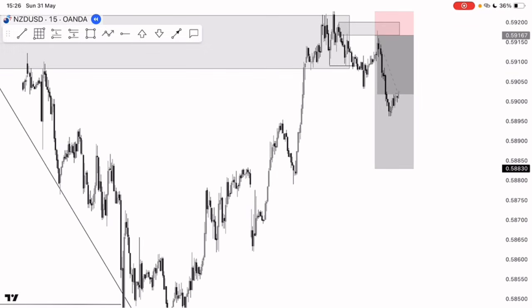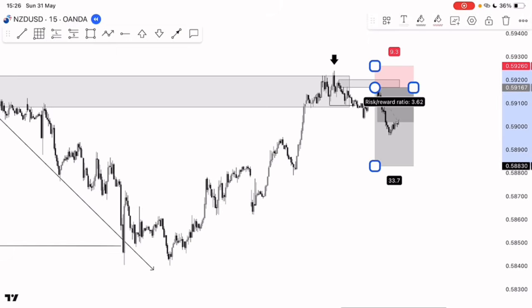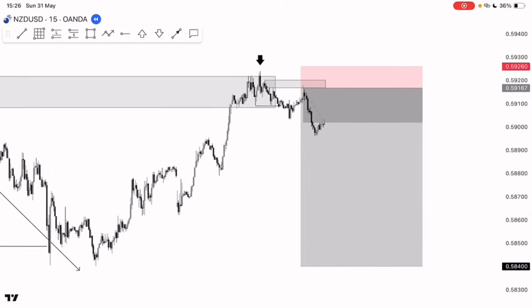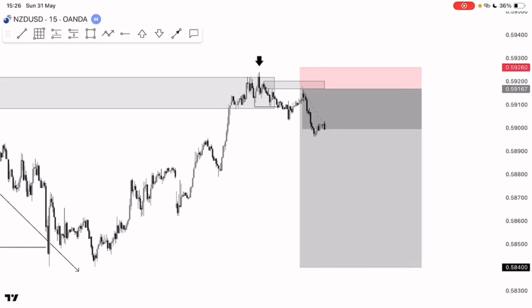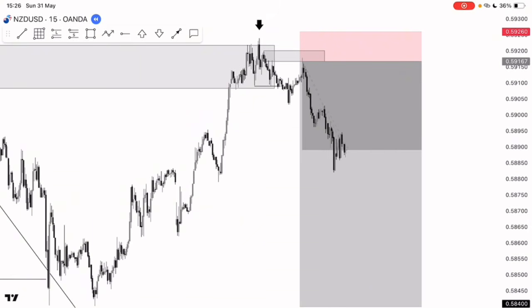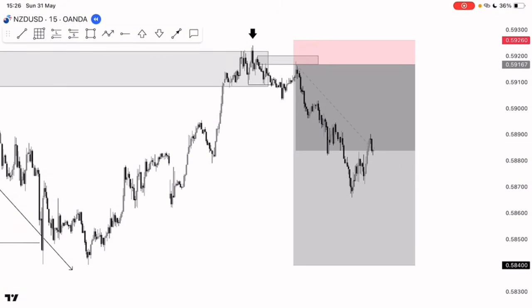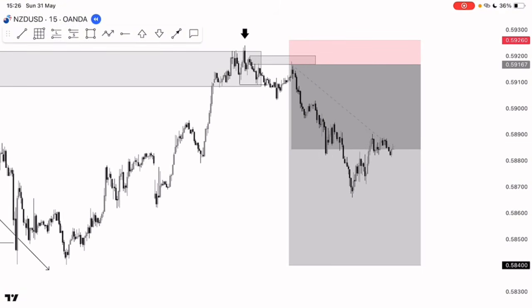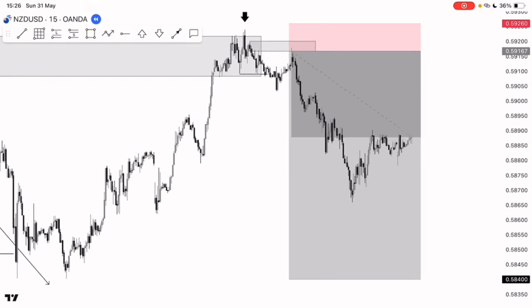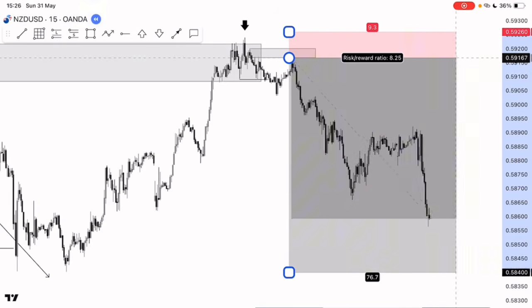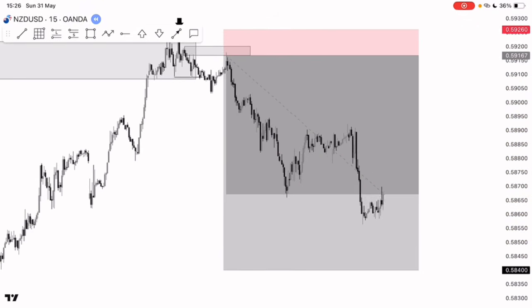The low I'm going to be targeting is the overall low, which is this. Remember, it's always good, once price starts dropping from your entry and you have a good clean drop, to break even, trail your SL, or close partial, just in case of any price movements.